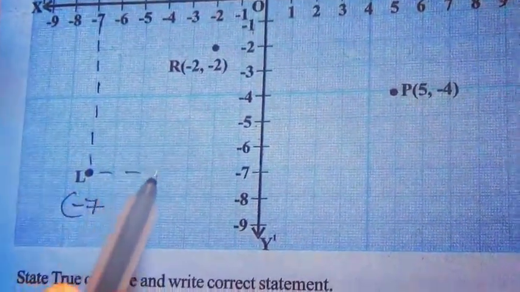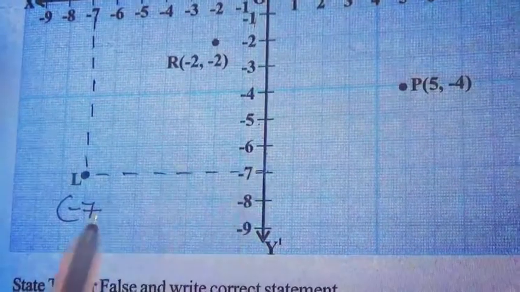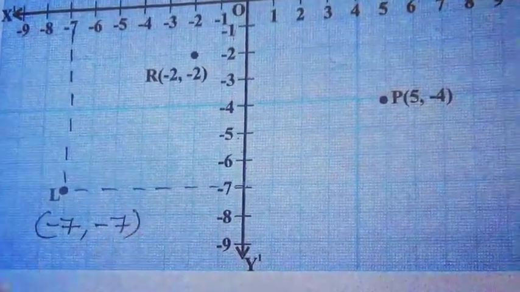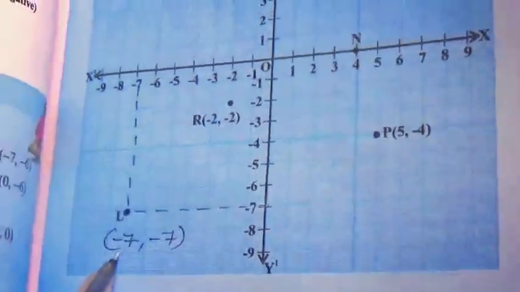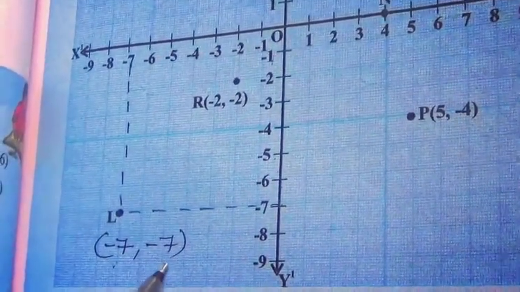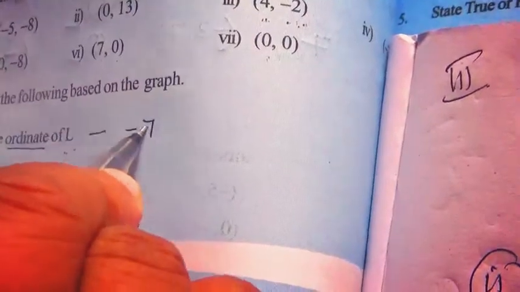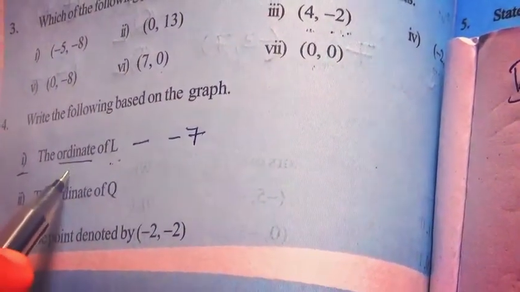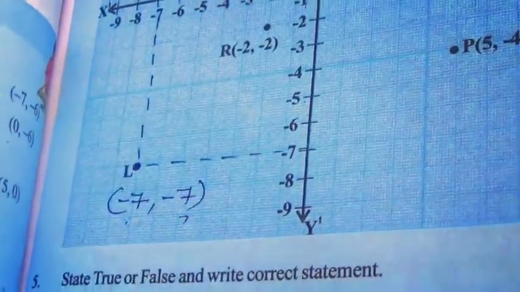When you join towards the y-axis, it is also -7. Here -7 is the abscissa, -7 is the ordinate. So the answer is -7. The y coordinate is -7.